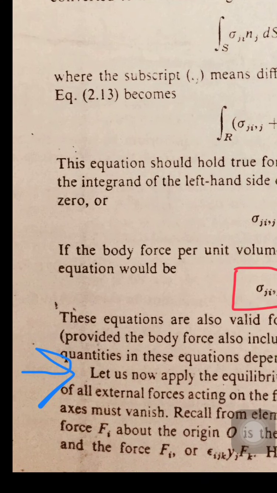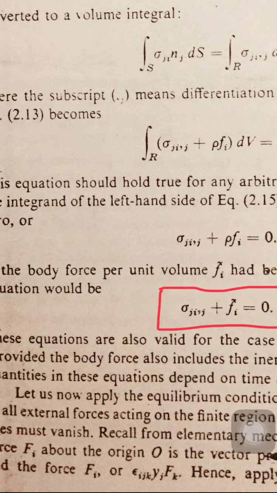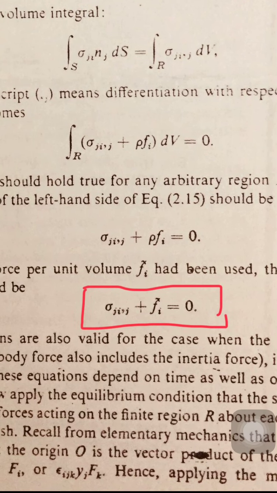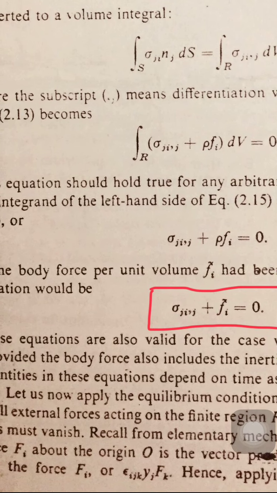Now for the second part, this is also important. The last equation, that is 2.17, is also valid for the case when the body is in motion, including the force inertia term, which depends on time and positions.